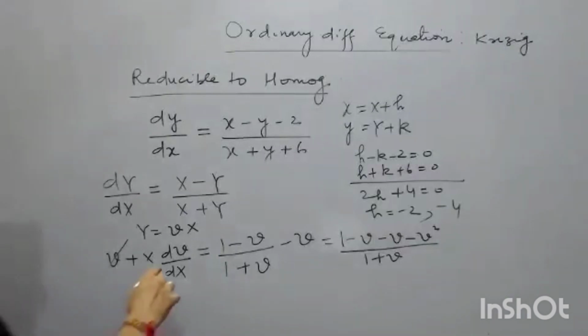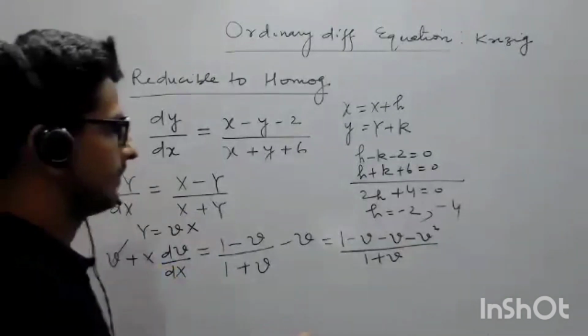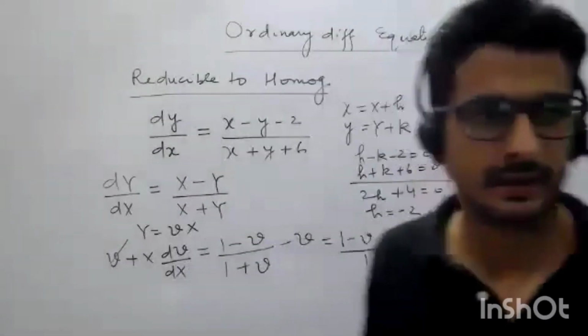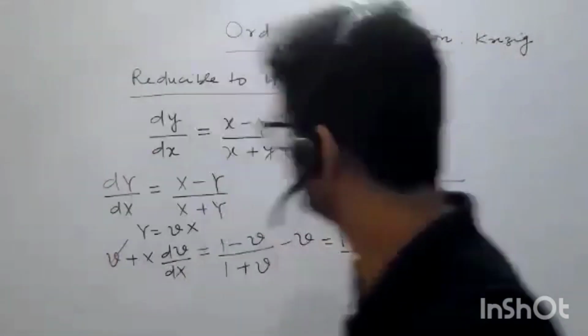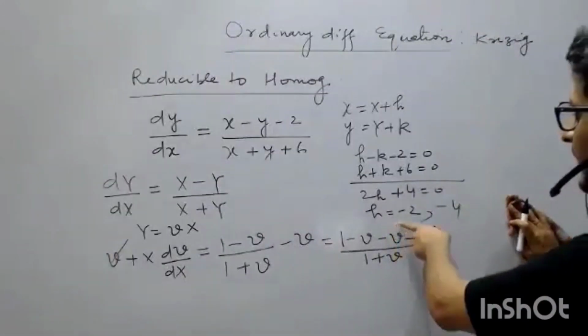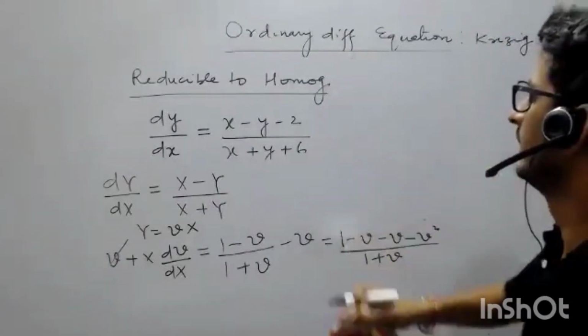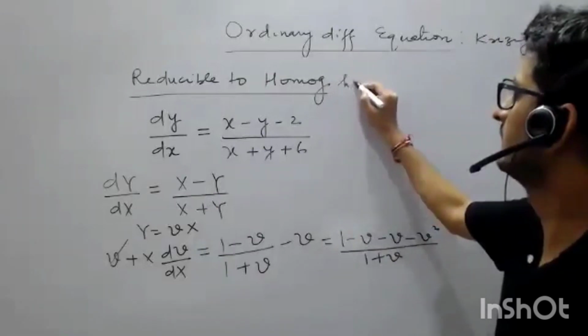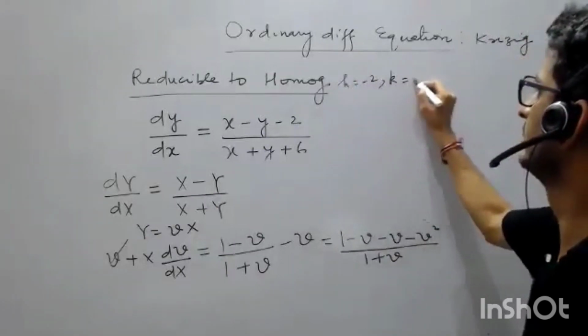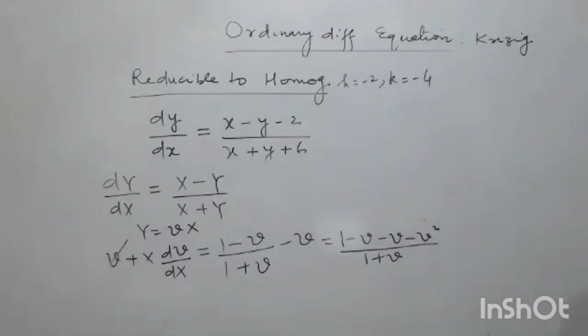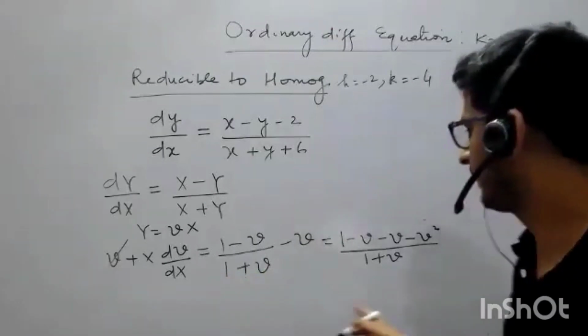So what will be the variable separable form that we are going to get? Remember the values of h and k. Let us write somewhere: h was minus 2 and k was minus 4. And what about this equation?